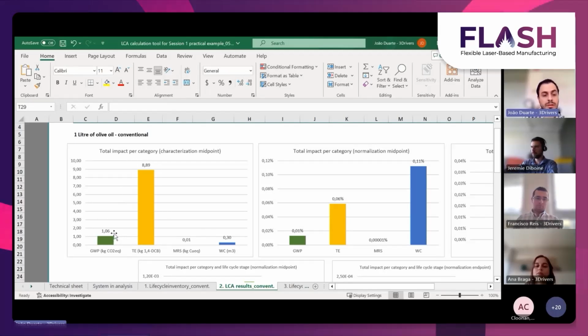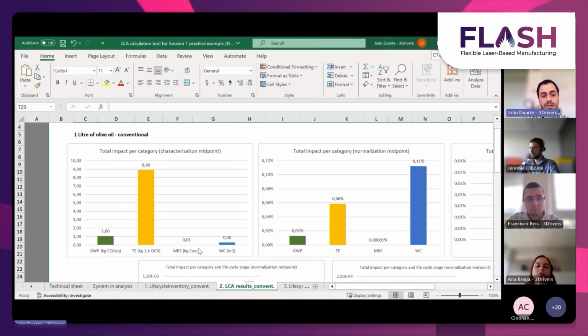So the whole life cycle of producing and using the olive oil results in the emission of 1.06 kilograms of CO2 equivalent, the emission of 8.89 kilograms of DCB. It results in a requirement to extract additionally 0.01 kilograms of copper equivalent, and it involves the consumption of 0.3 cubic meters of water.